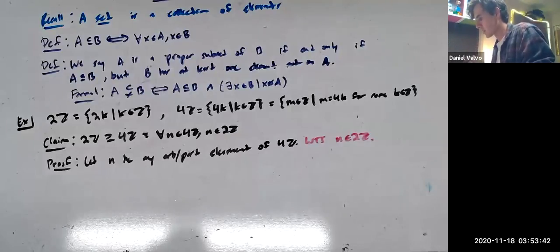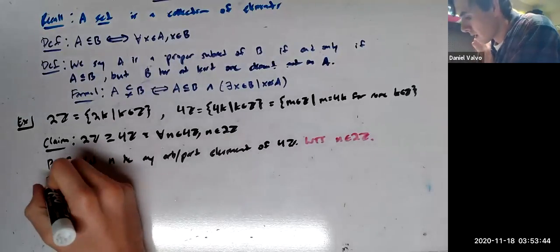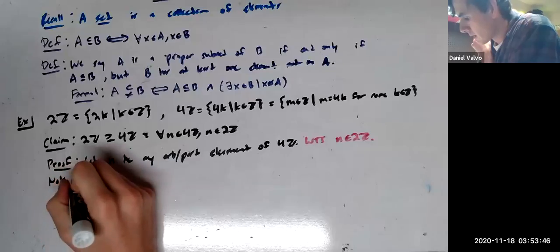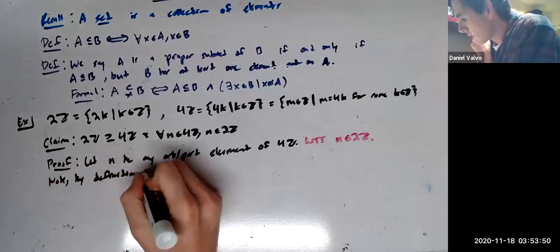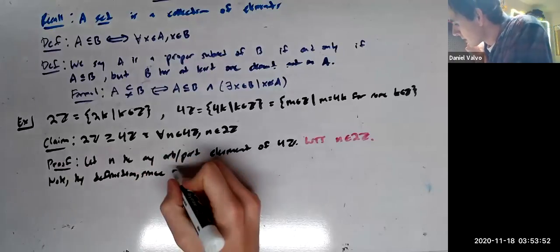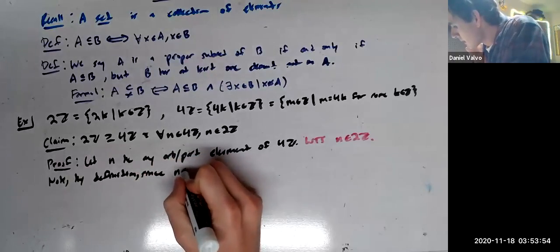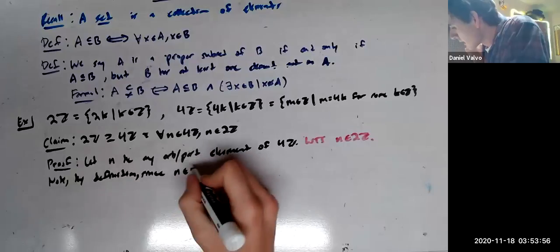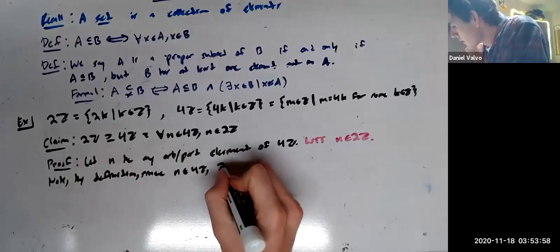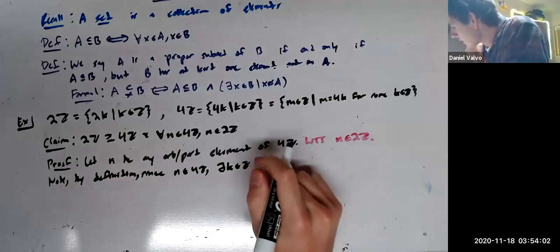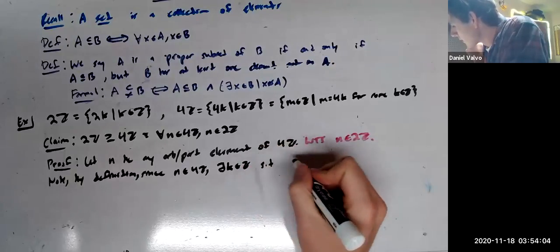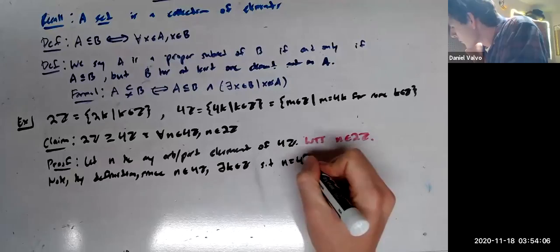So here's where we're going to do it. Note, by definition, since n is in 4Z, there exists a k in Z such that n equals 4k.